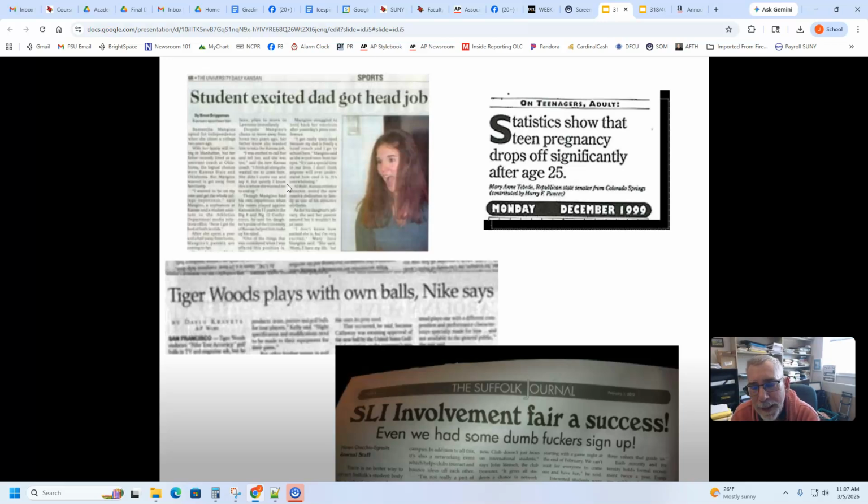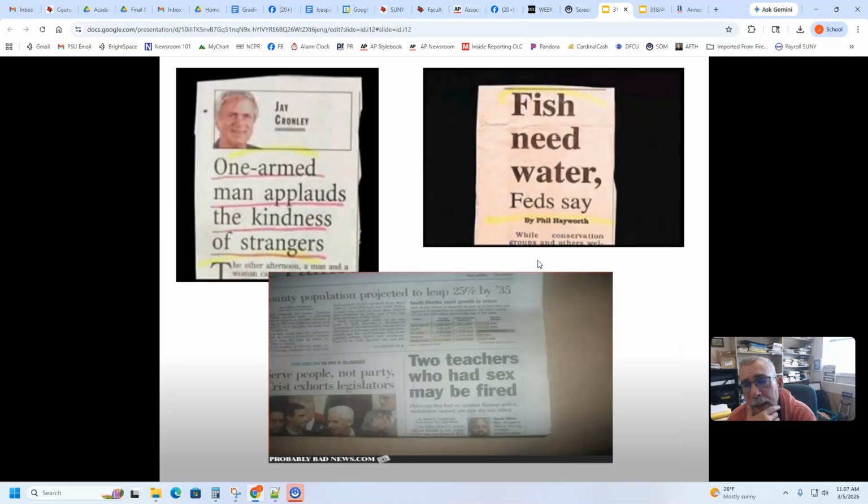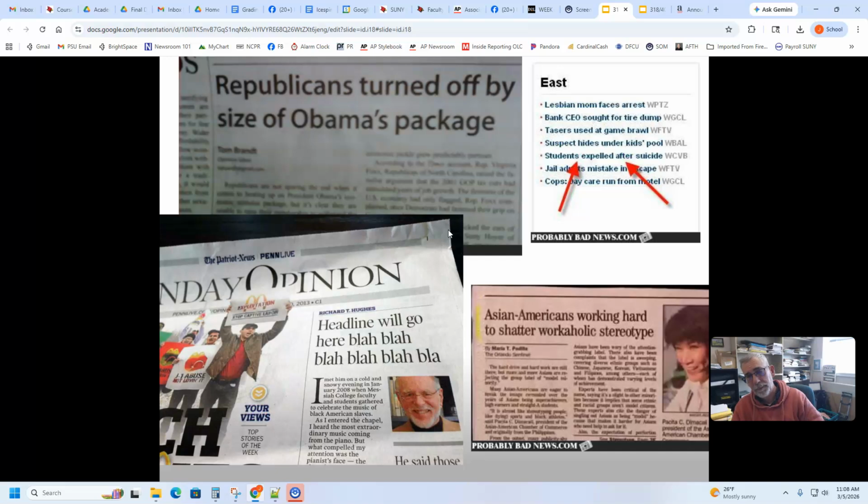But you get the idea. And how about another page of them? Sure. Why not? I really love "One-armed man applauds the kindness of strangers." I'm applauding. "Fish need water." All right. Okay. Yeah. So, I think I got another page of these. Yes, I do. How about this one?